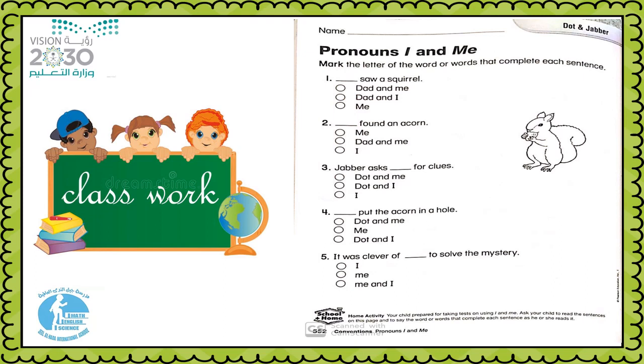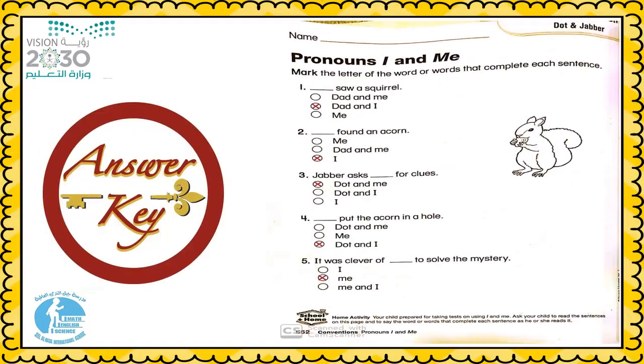Excellent. Me. Not me and I, because we cannot use I in the middle of the sentence after the verb. So the answer is me. It was clever of me. Grade 1, please check your answers. Thank you.